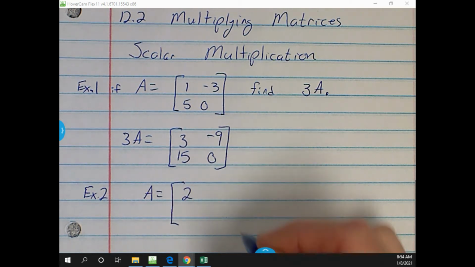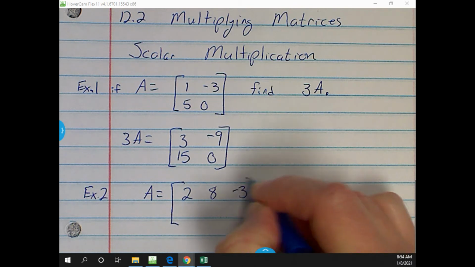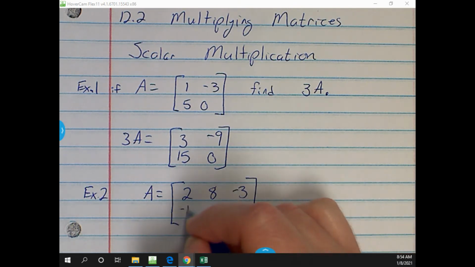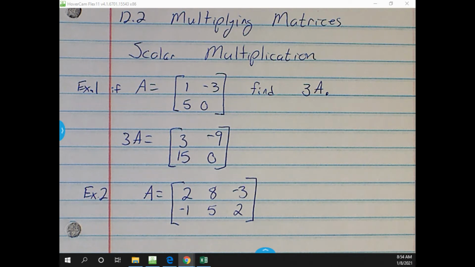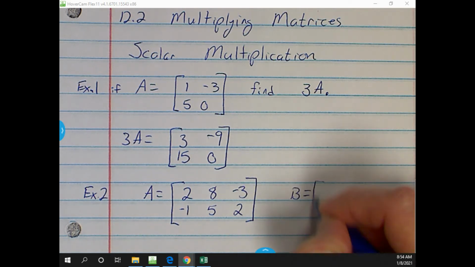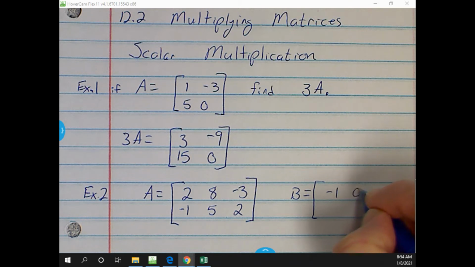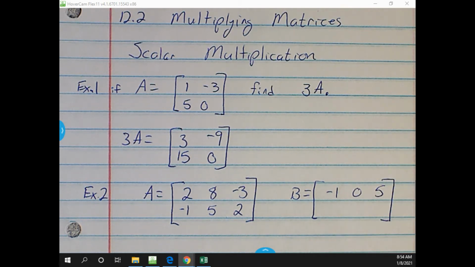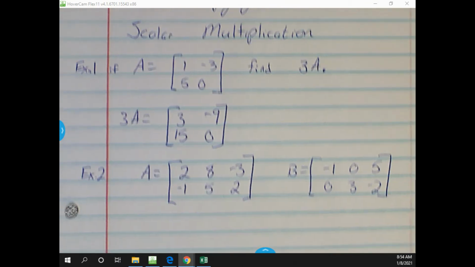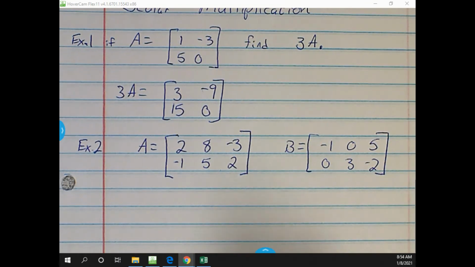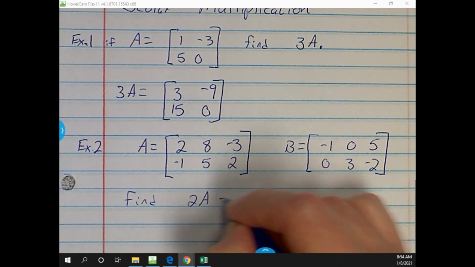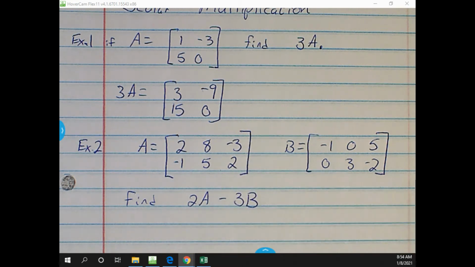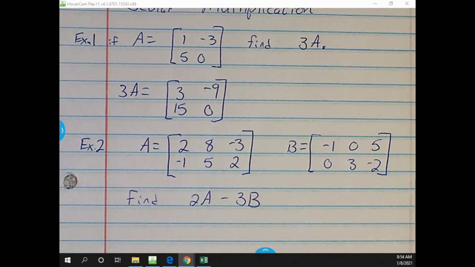Let's go with matrix A as 2, 8, -3 and -1, 5, 2, and let matrix B be -1, 0, 5 and 0, 3, -2. They'll probably do a mix of adding and subtracting and scalar multiplication, so they'll tell you to find 2A minus 3B.